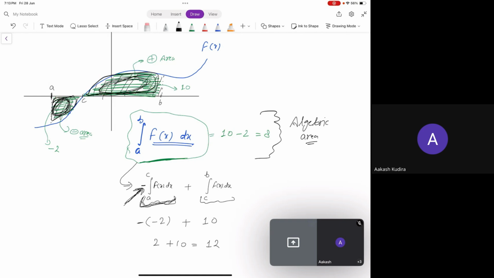This area is already positive, so simply integrate from C to B, and this area is negative, so simply integrate from A to C but with a minus sign. Now both values become positive, so 10 plus 2, 12.